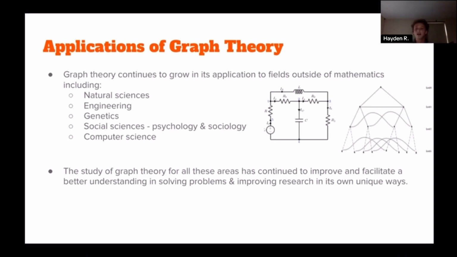And then the one next to it is a graph for biology, and that's just showing the different surface levels of the water and the connections between all the lines and the vertices. So graph theory really helps us understand these different areas and helps us problem solve.